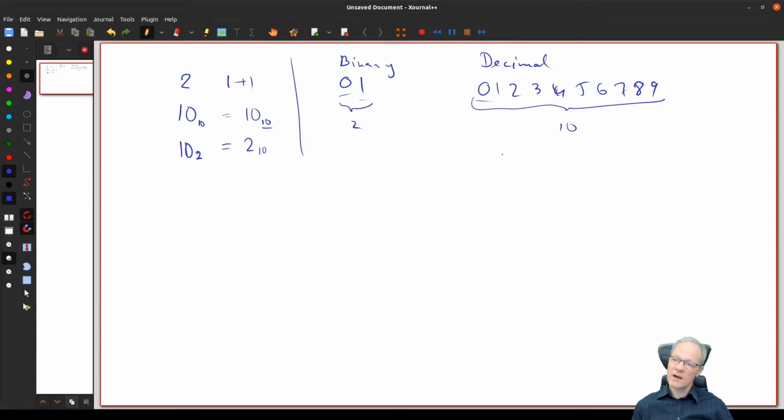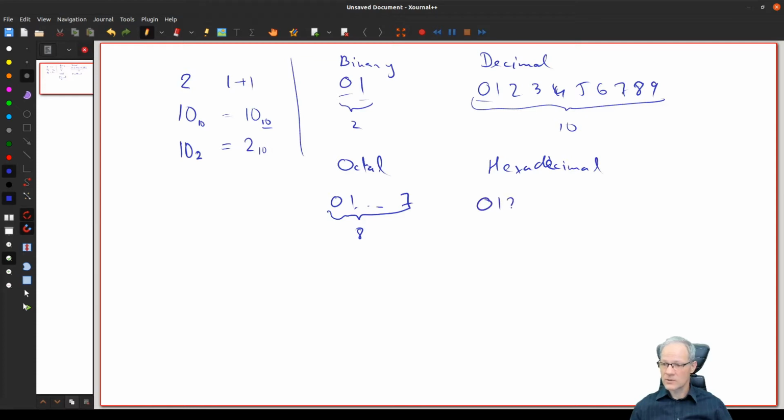So it turns out we can have other systems as well. We can have an octal system where we only have digits from 0 to 7, right? 0, 1, 2, and so on. Altogether 8 digits. That's why it's called octal system. And many other systems. We can have also hexadecimal that we're going to talk about today. That's a system that has 16 digits.